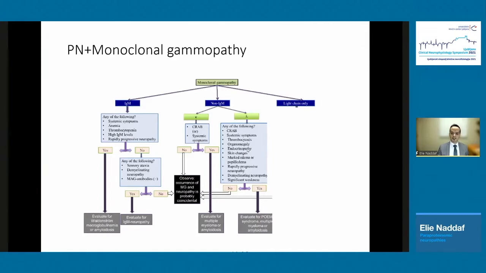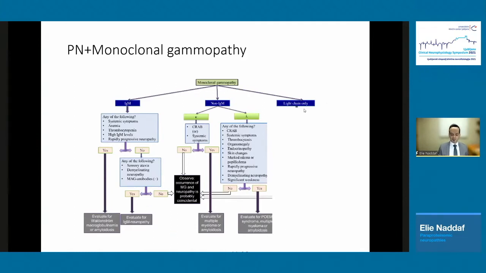So you're also going to screen for the features of POEMS: thrombocytosis, organomegaly, skin changes like cherry angiomas, white nail discoloration, hypertrichosis, papilledema or edema anywhere, or of course, a rapidly progressive or demyelinating neuropathy. And these will prompt screening for POEMS syndrome. And it can be amyloidosis, definitely, but usually it's not demyelinating. So that's our non-IgM group.